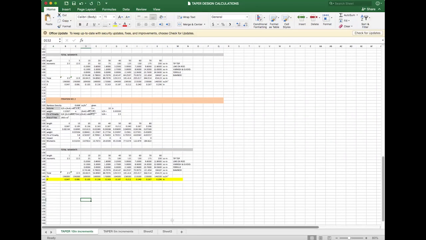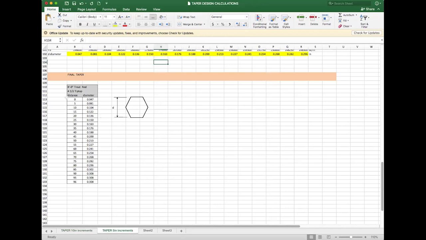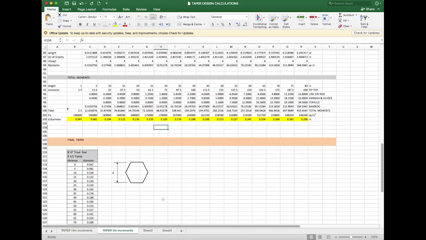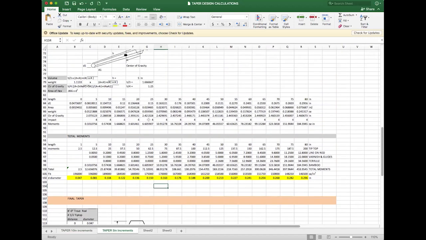Okay, so I end up with a table like this that gives me how deep this hexagon needs to be, and each one of the dimensions for a specific depth at each one of the points. And so these are all cantilevers.